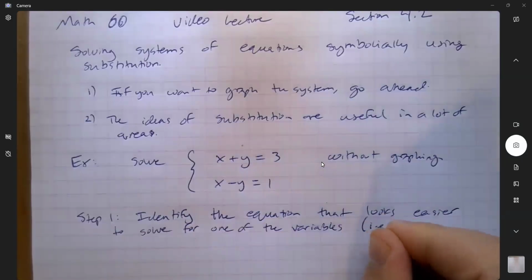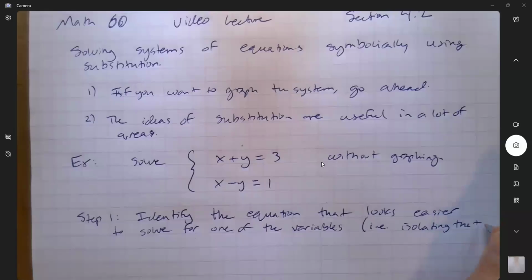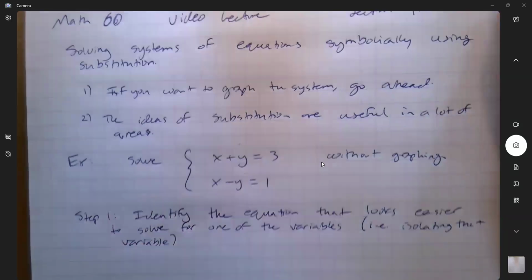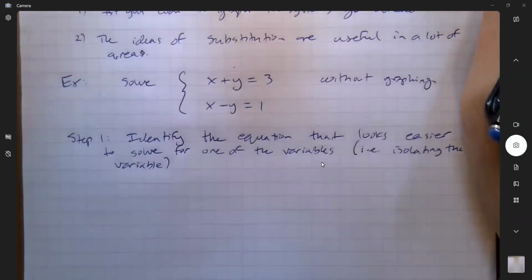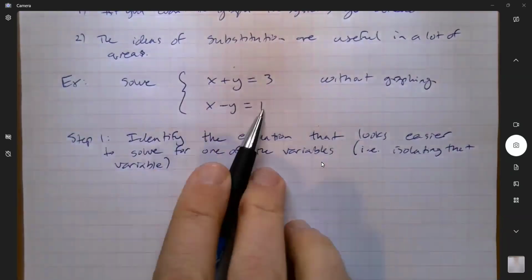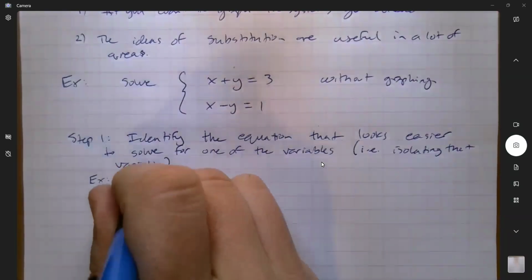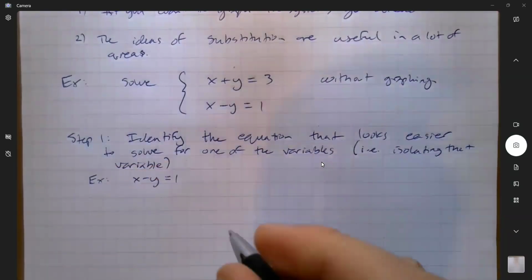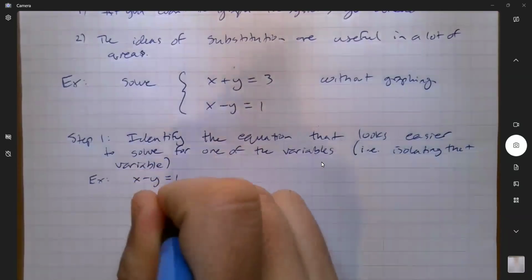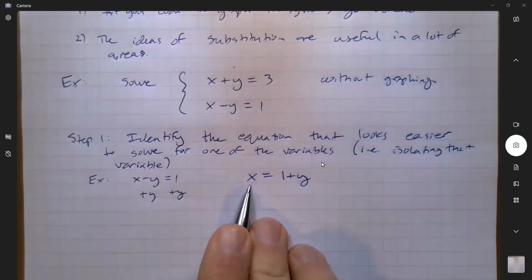This means isolating that variable. Now with this example, they're both pretty easy, but I'm going to choose to work on the second equation, x minus y equals 1, because if I add y to both sides, I have isolated the x, and it was very simple to do that.